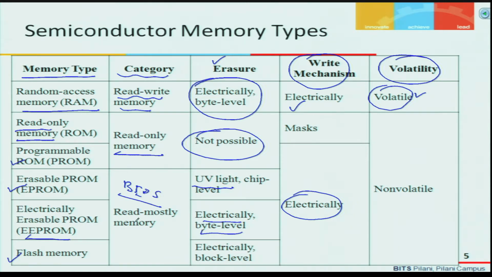One advantage is, because it is read only memory, BIOS is usually implemented through the ROM. So, there is no danger that the contents of this memory can be accidentally erased, that possibility is not there.